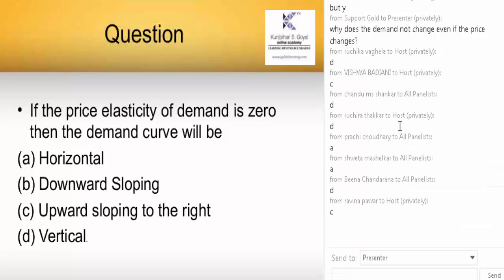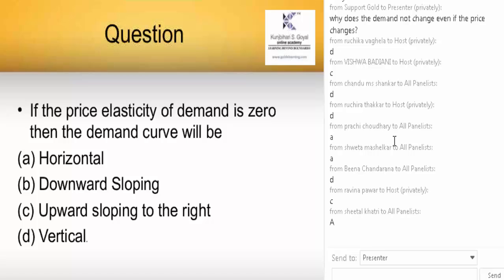Let's see. If price elasticity of demand is 0, then the demand curve will be... Now, price elasticity is 0. Everyone has answered differently. सोचिए. Let's think about this question. Price elasticity of demand is 0. 0 means what? Demand is not responding to the change in price. तो price कितना भी हो, 100 हो, 1 हो, 0 हो, demand is not responding at all.